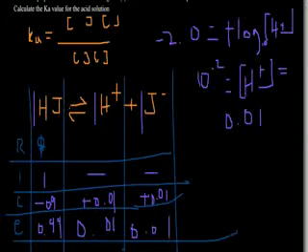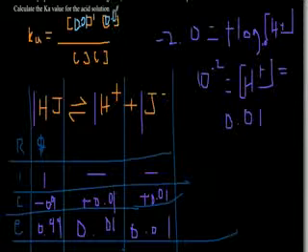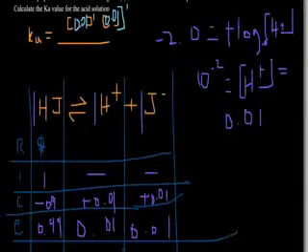Now you just got to find the Ka value, plug this stuff in. I'll plug it in up here. So 0.01. The coefficient is 1 because it's just hydrogen, 1 hydrogen, just imaginary 1. And then multiplied by another 0.01, the coefficient again 1, and then over 0.99.